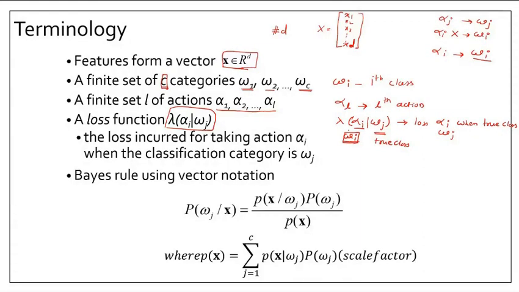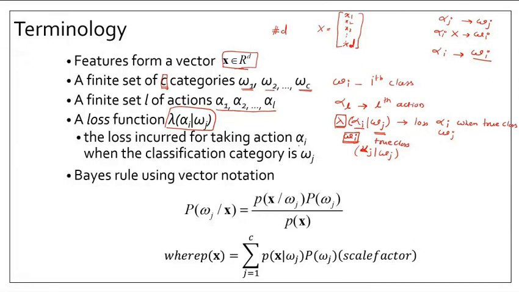If that is the case, then surely I have to face some loss. So this loss lambda is the loss when I take action alpha i when the true class is omega j. Obviously, when I take action alpha j when the true class is omega j, there should not be any loss.